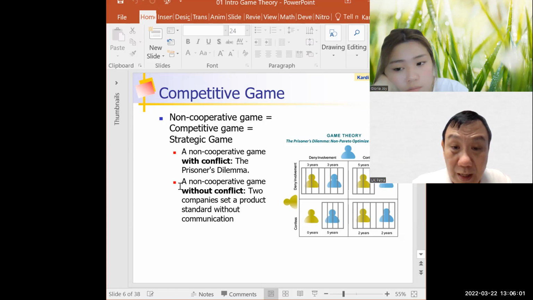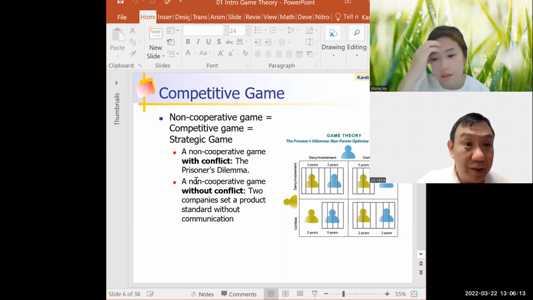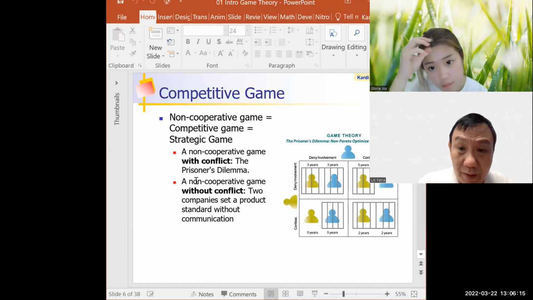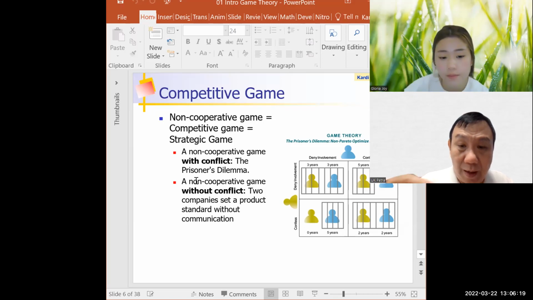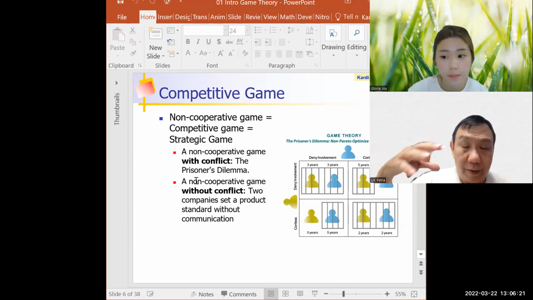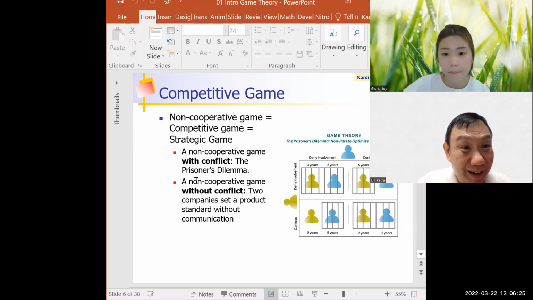Now, another possibility is a non-cooperative game without conflict. I've been involved in, for example, a software development company, say for pedestrian simulation. These companies, several companies, are actually competing with each other.